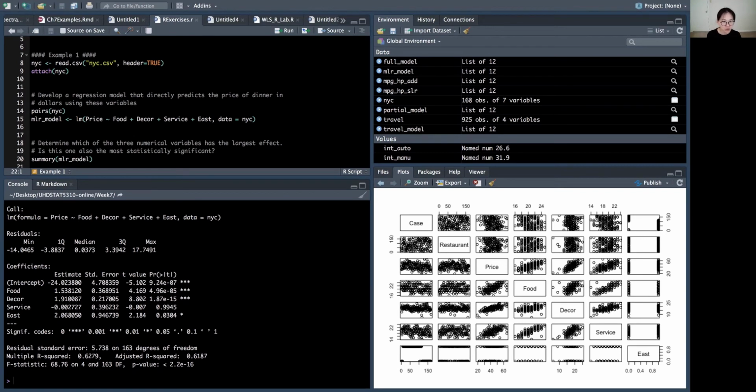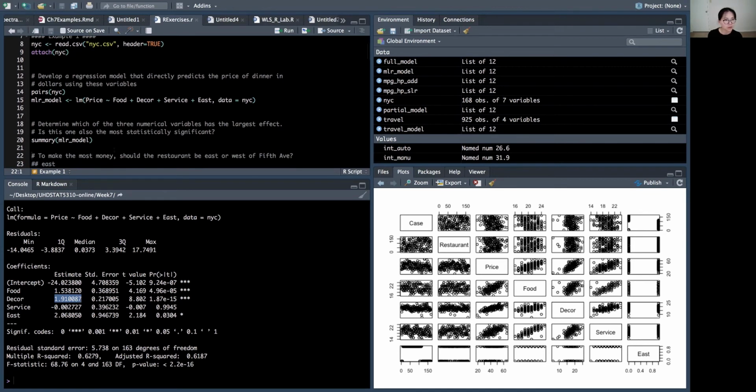So determine which of the three numerical variables, food, decor, and service, has the largest impact. Basically, decor has the largest effect on the price, because if you increase the decor by 1 unit, you will increase the price by 1.9.